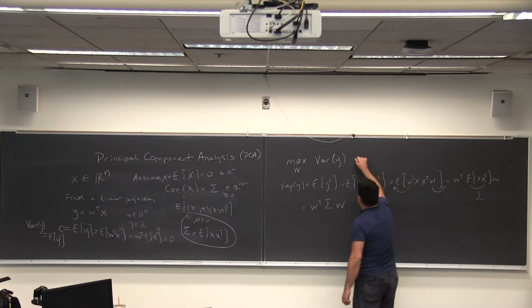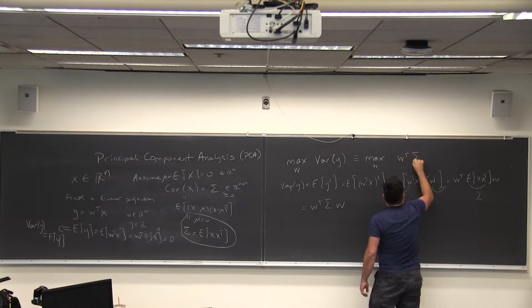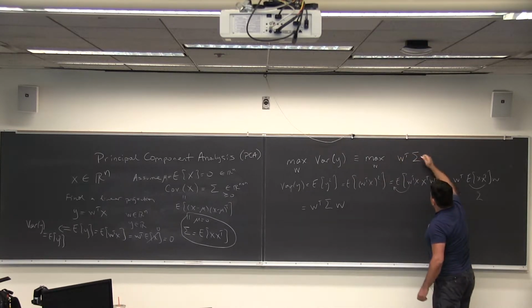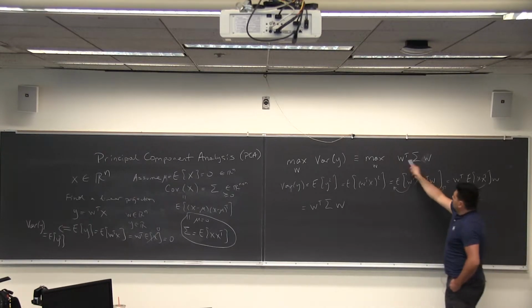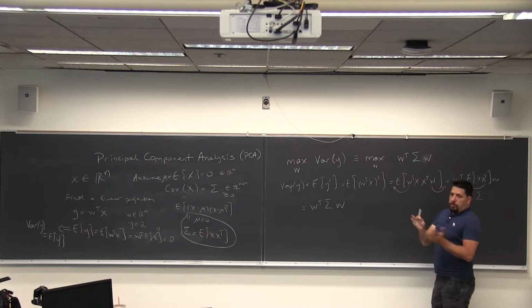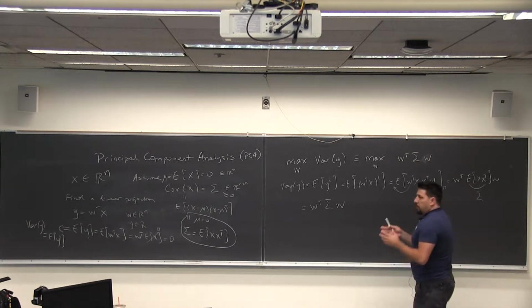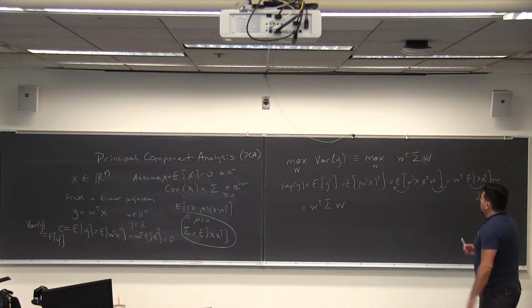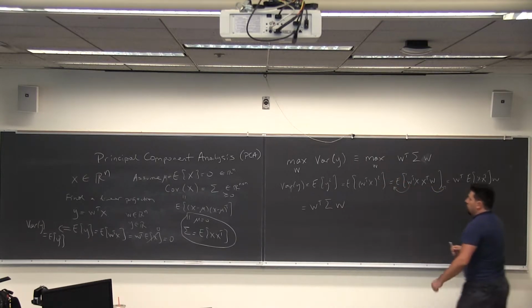Right, so maximize w transpose sigma w. Okay, but I can make this quantity larger simply by making the length of w larger. I'm interested in finding a direction such that when I project my data x along a line in that direction, the variance, the spread, is large, and I don't want the spread to become large just by making the length of the projection vector large.